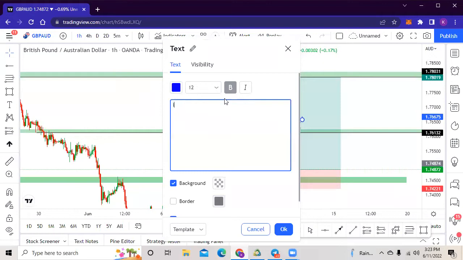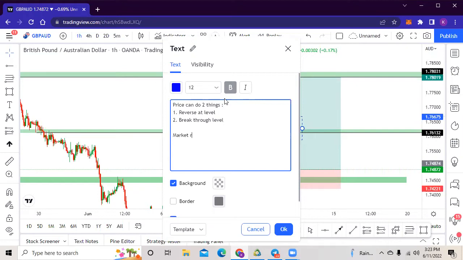So we're just going to write: price can do 2 things. Reverse at level or break through level.